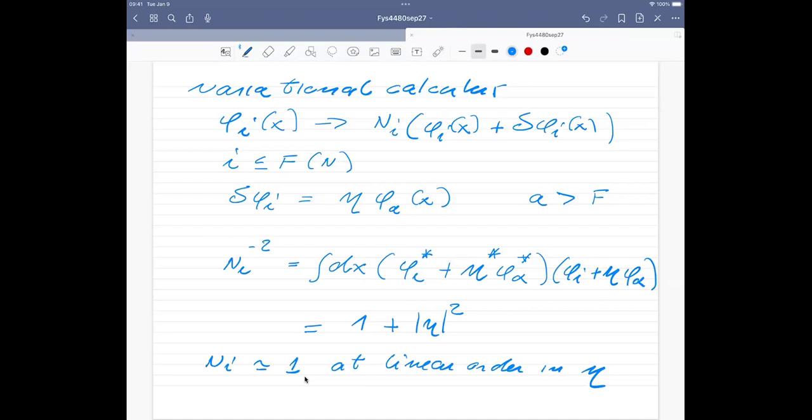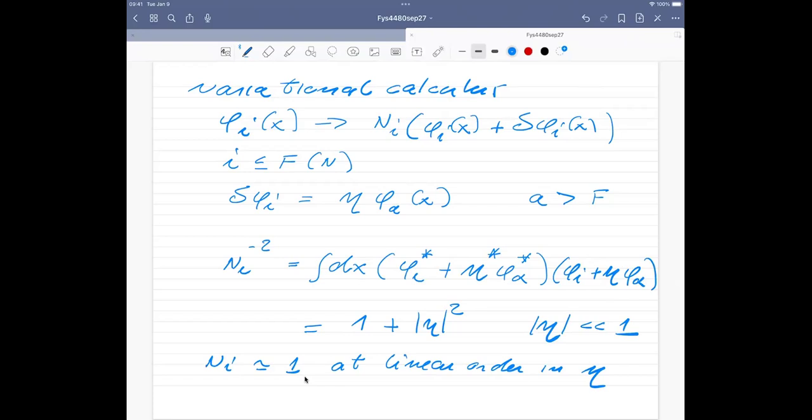Now, we will normally assume that eta is a small perturbation of the wave function. So that means that the normal assumption is that this eta is much, much smaller than 1. That's the basic assumption we are making. So we are looking at a small perturbation.